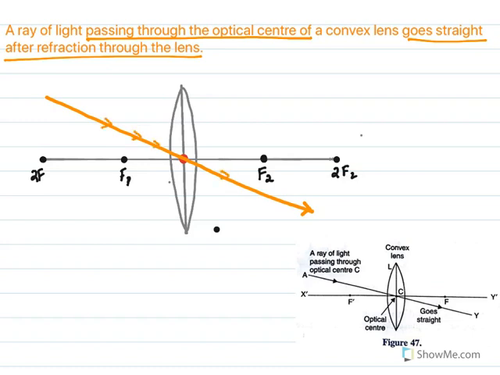So this is rule number 2. Like here we have drawn, this is the optical center, and a ray of light comes, not parallel, through the optical center, it will go undeviated. So remember, this is rule 2.